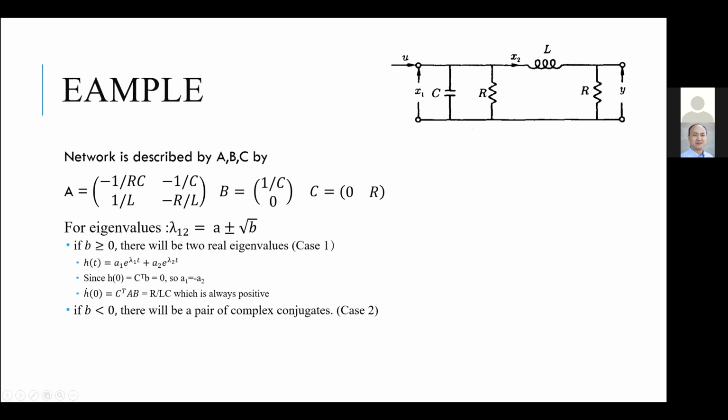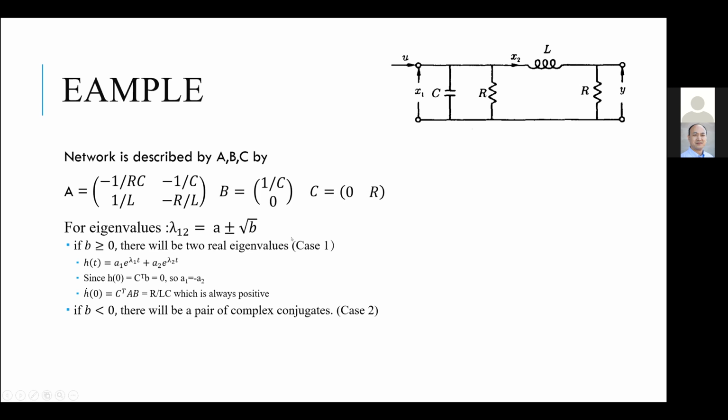And H dot 0, the change, is R over LC, which is always positive. Because H(0) is 0 and H dot 0 is positive, H is always positive. Therefore, when you have an impulse of positive value, you get a positive output.